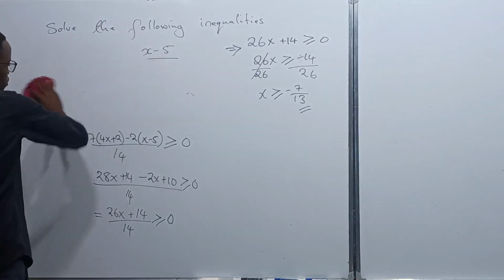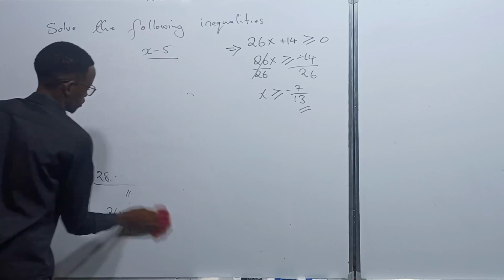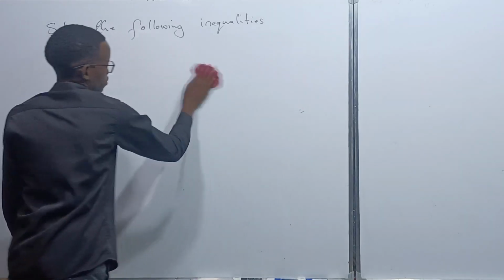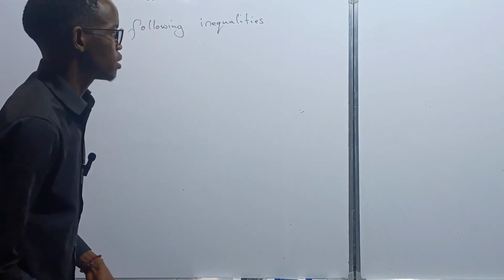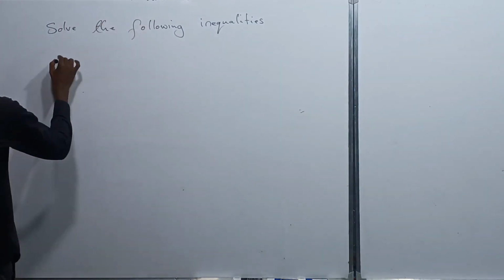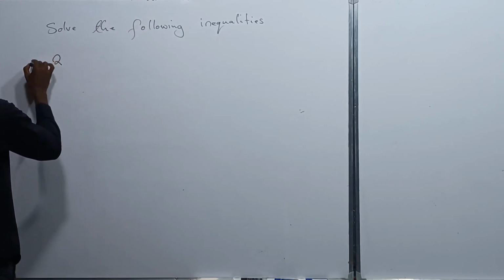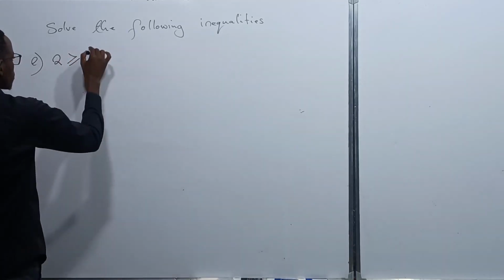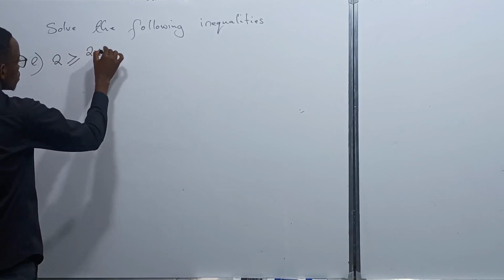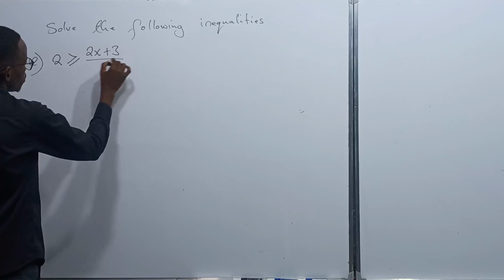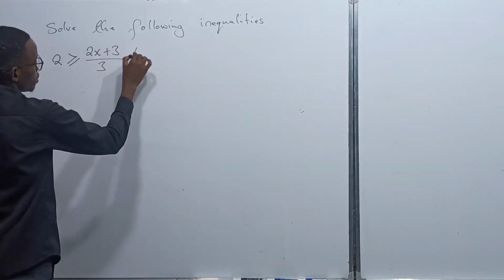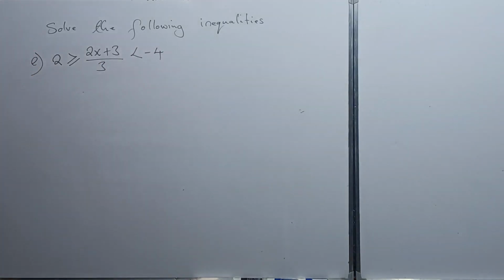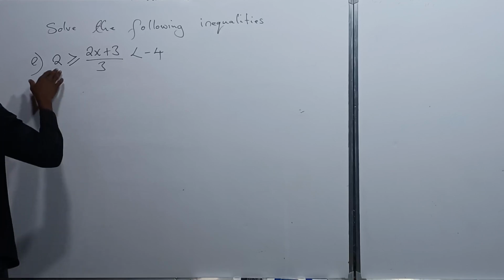Okay, so let's look at the next inequality that we have. The next inequality is question E. So 2 is greater than or equal to 2x plus 3 over 3, less than negative 4. Okay, so now what we're going to do is split it into two.